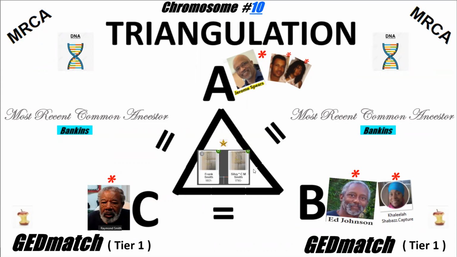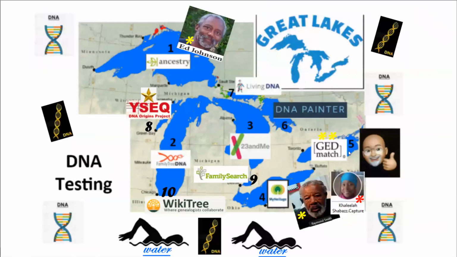So the other thing that I can do now that I know Raymond will work, I can go and spend money at Family Tree DNA and get the Y-DNA test and run that test on Raymond to see what kind of a result we get, to see if he runs back through the line to hit Frank Smith and the other folks. But I don't have to do that in the case of Y, because there's another free tool called Y-Seq or Clade Finder.